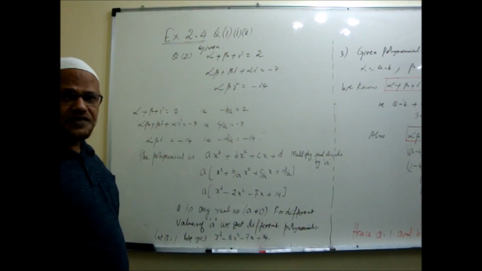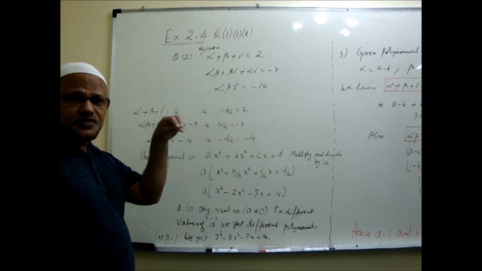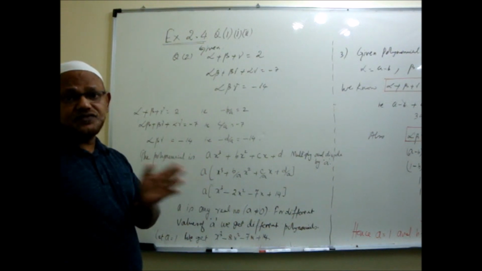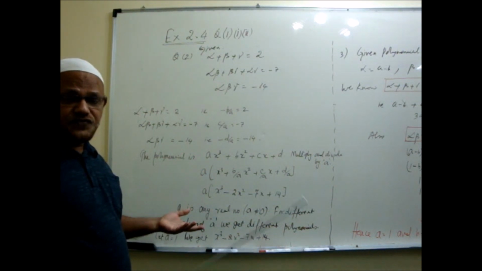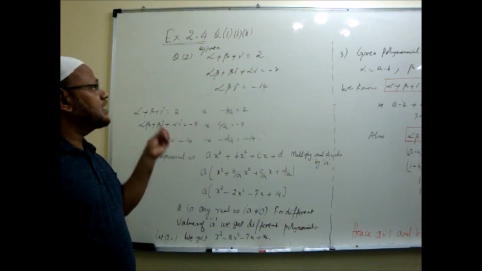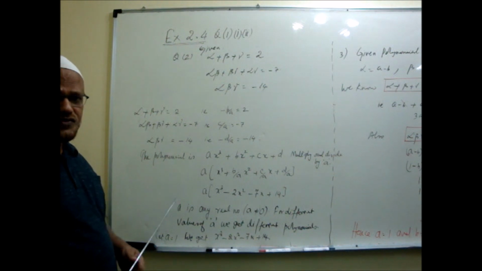So how to verify? Just substitute the zeros in the polynomial. Check whether its value vanishes or not. If the value becomes 0, then the given number is a 0 of the polynomial. Like that, you check all three zeros.